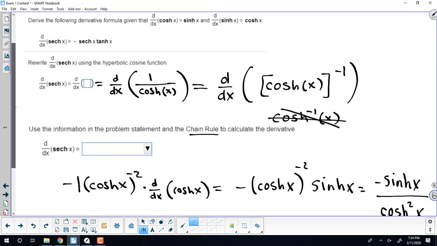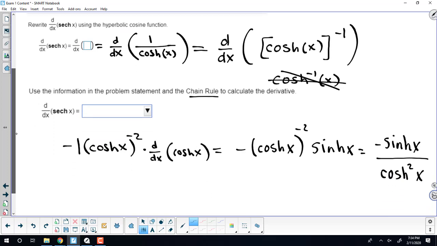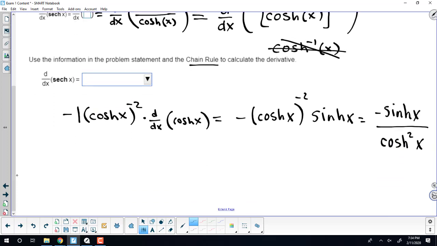It's negative hyperbolic secant times hyperbolic tangent. So you just need to split that up. So there's negative hyperbolic tangent, there's hyperbolic secant.